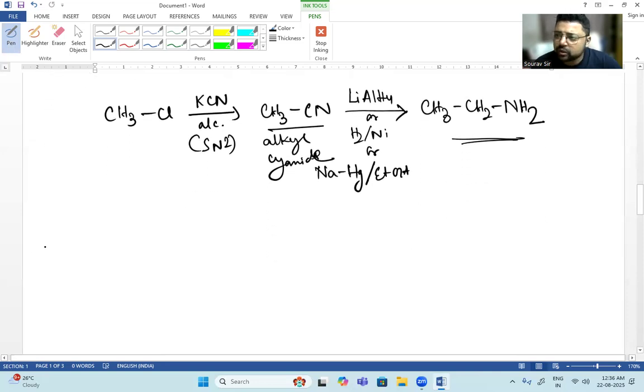And when we are talking about increasing the carbon number, so another form of reaction can also be done for this. Like if I have a carboxylic acid, CH3. So next is from amines.